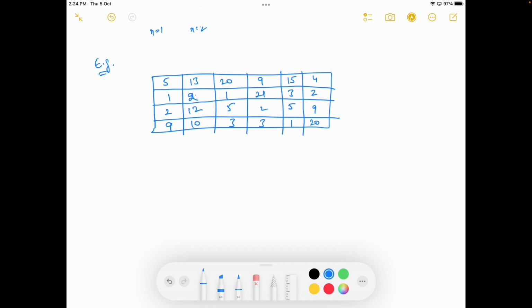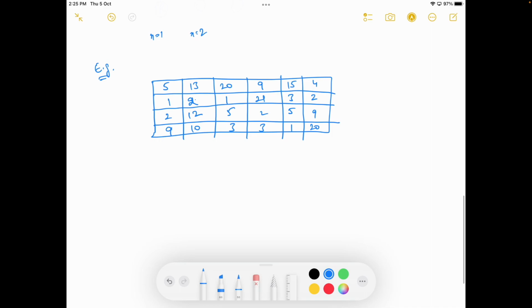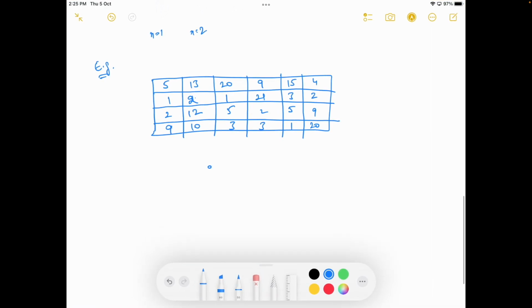This is a field. You can start from this boundary and have to reach the other boundary, taking a path which collects the maximum number of points. The only possibilities are that you can move from left to right, or diagonally upwards or diagonally downwards.